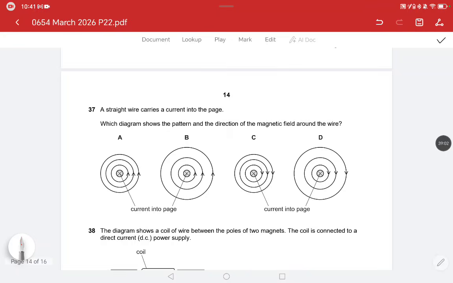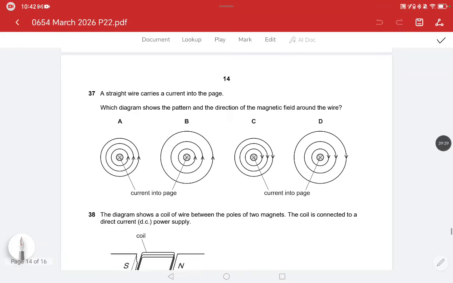We use it to reverse the connection every half turn, so as to keep the current flowing in one direction, so it will not make half a turn and go back, half a turn and go back. No, you will complete one full rotation, or one full revolution. So take care about this. In AC generator, we have slip rings, but in DC motor, we have the split ring commutator. Take care about this one.